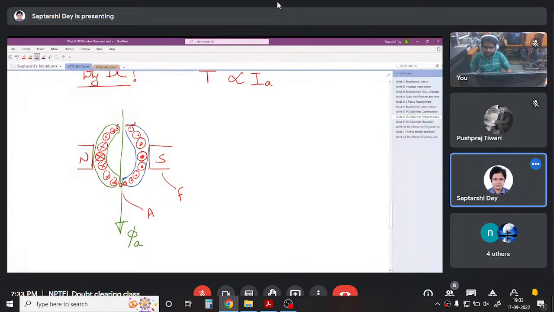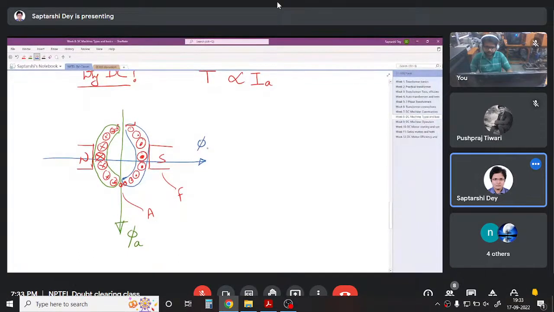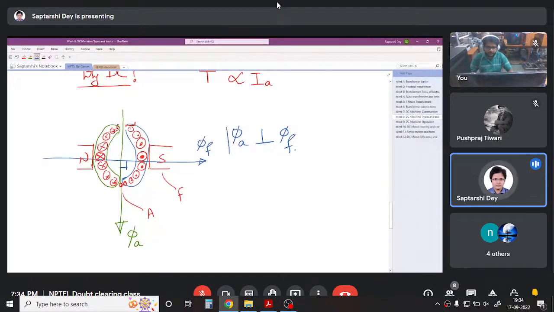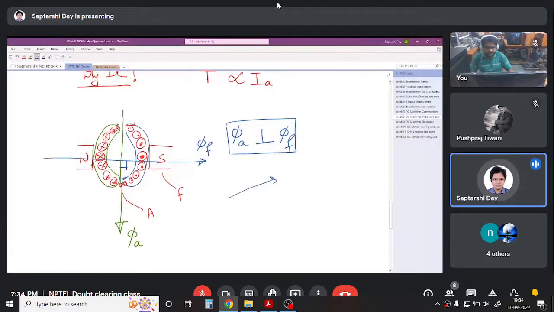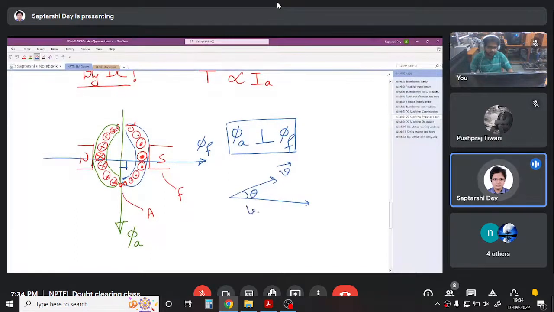this field winding magnetic field is from north to south. So you see, in a DC machine, the armature flux and the field flux always operate perpendicular to each other. As you have studied in vector classes, if you have a vector v, then the component of it in a direction theta is v cos theta in this direction.